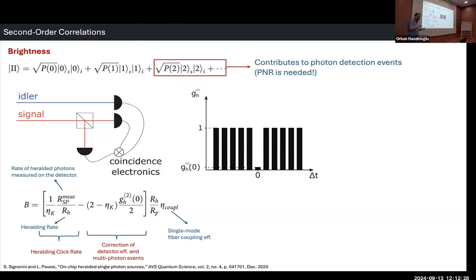It's just the limit of the detection, not the photon number. Okay, then you correct your observation. Then you add the heralding efficiency, your pump power, and your fiber coupling efficiency, and you get the brightness from this value.